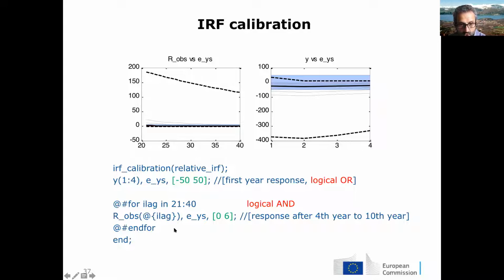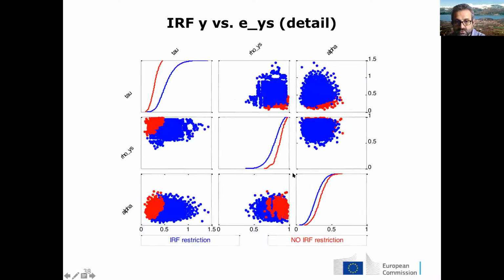But across rows, there is a logical AND, which means that we want to satisfy simultaneously all the different criteria that we want. So this says that we want, for each and every period between 2 and 4, the interest rate to be very small, and at the same time, to have the GDP respond in a moderate way in whichever of the first 4 periods. Then this is what you get from Dynare.